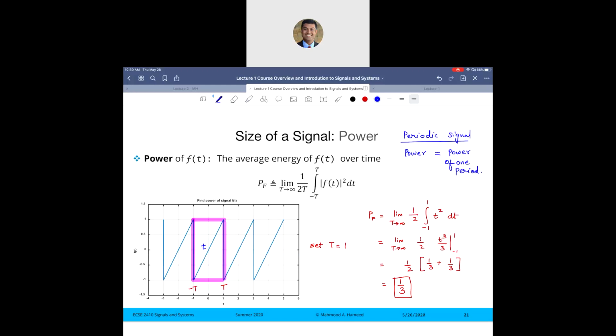But in a general case, you would find the energy of the signal and divide it by all the time for which the signal was non-zero.